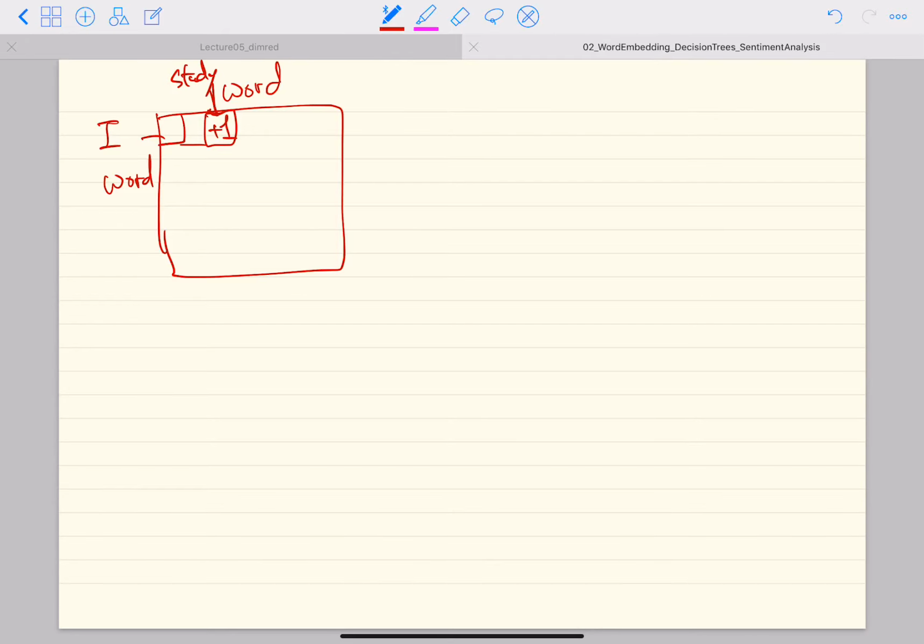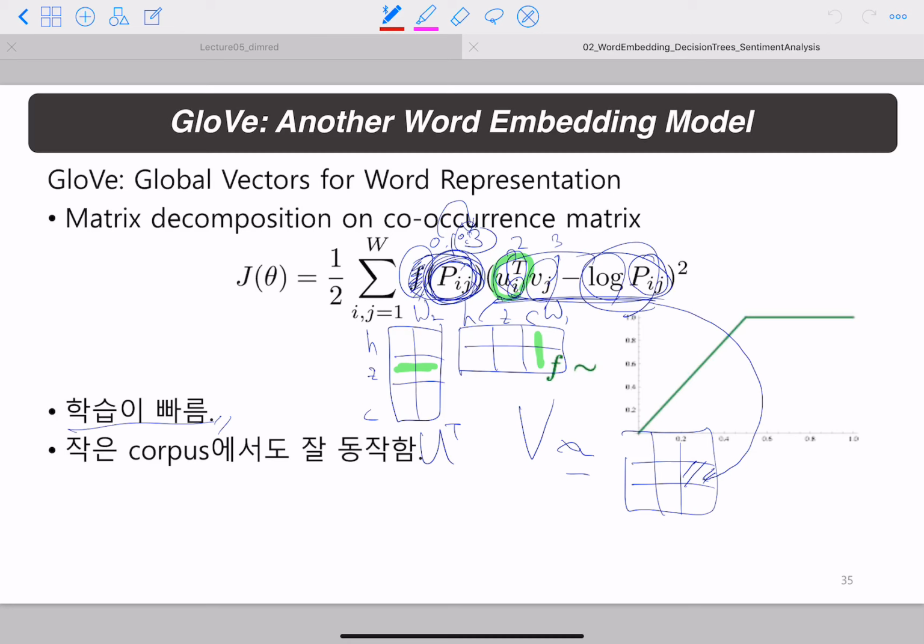Given our document corpus, we check each sentence, and for any given pair of words found in a single sentence, we count their number of co-occurrences. That way we obtain this co-occurrence matrix, which is viewed as a similarity matrix between words, right? So this is basically the input to the GloVe word embedding.